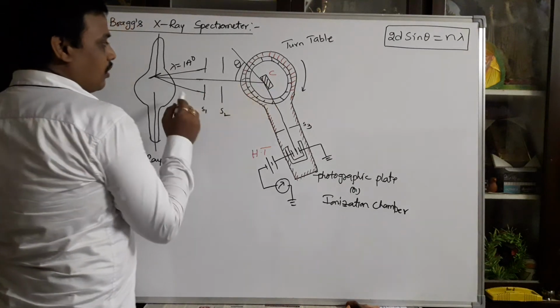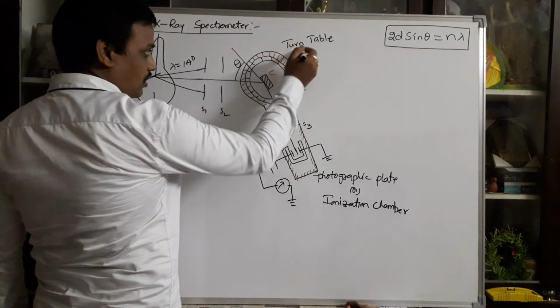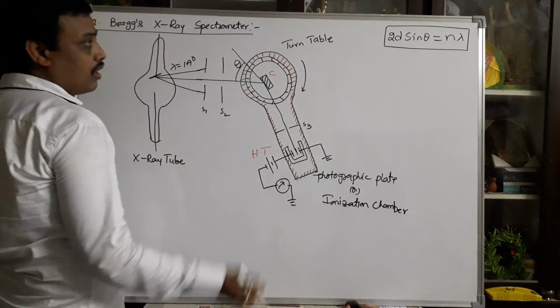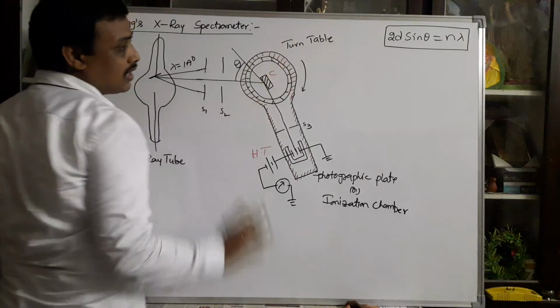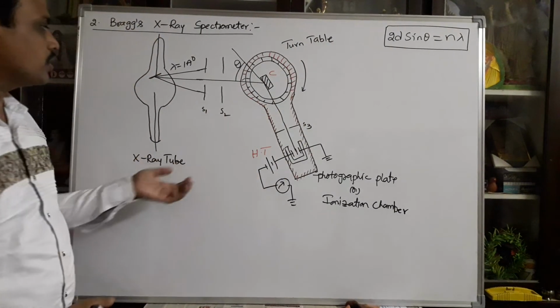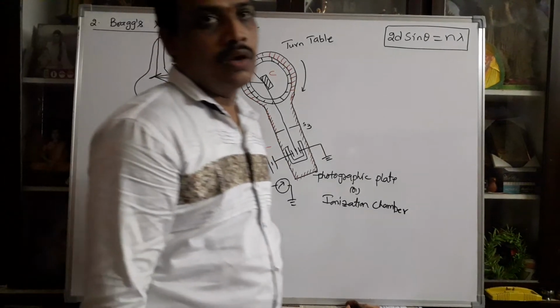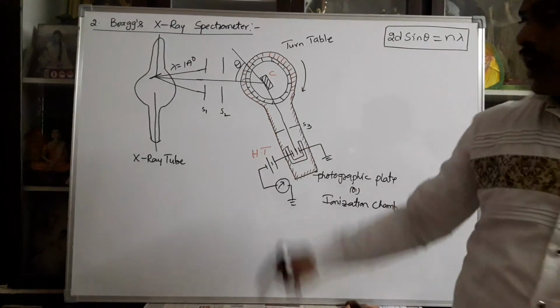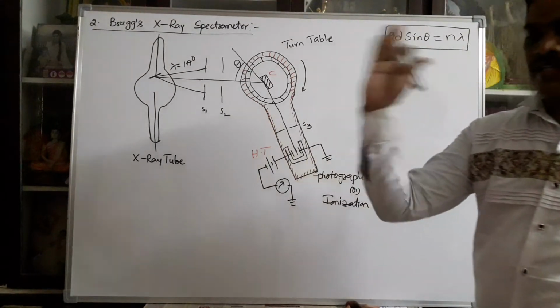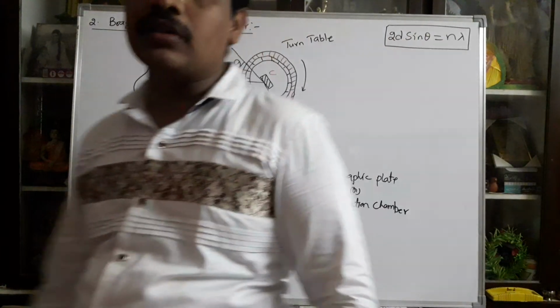Between the X-ray tube and the rotating turntable, or crystal holder table, you place two slits. The main purpose of the slits is to make the X-rays incident on a particular crystal in a straight line, that is, monochromatic X-rays incident on the crystal.